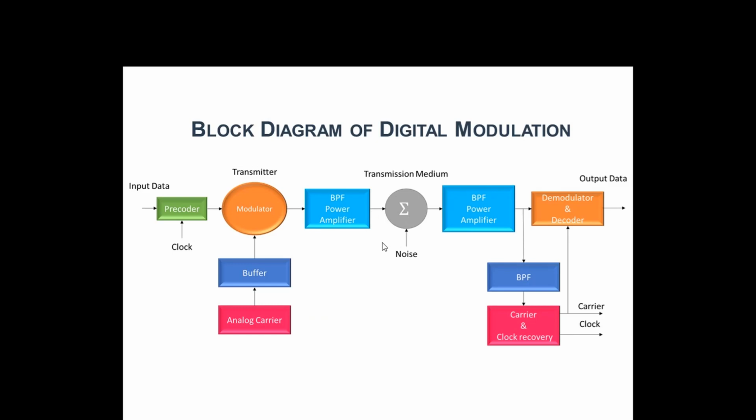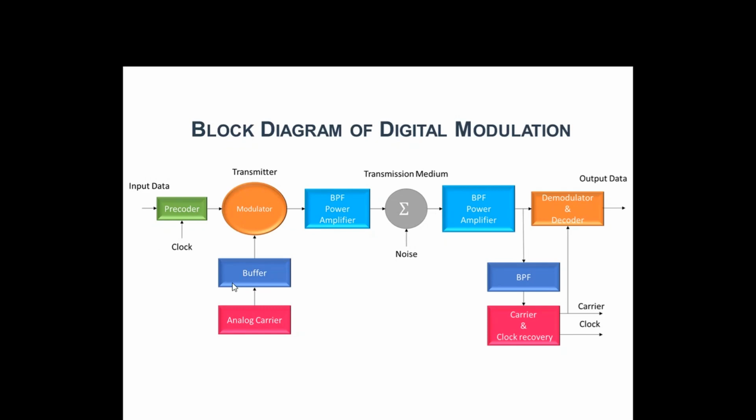The simple concept involved in this structure is that we have an input data, which is processed by the pre-coder. Another input of the pre-coder is our clock signal, and then it is processed by a modulator, simply said to be a transmitter.